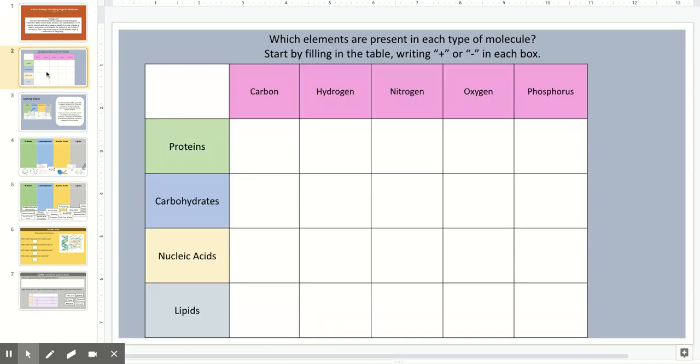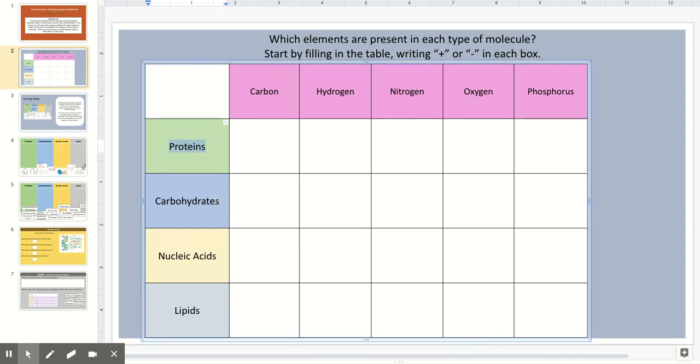In the first part of this, what you're going to do is look at each of the groups of biological macromolecules. Here we have proteins, carbohydrates, nucleic acids, and lipids. And going across, you're going to indicate whether, for instance, proteins contain carbon.